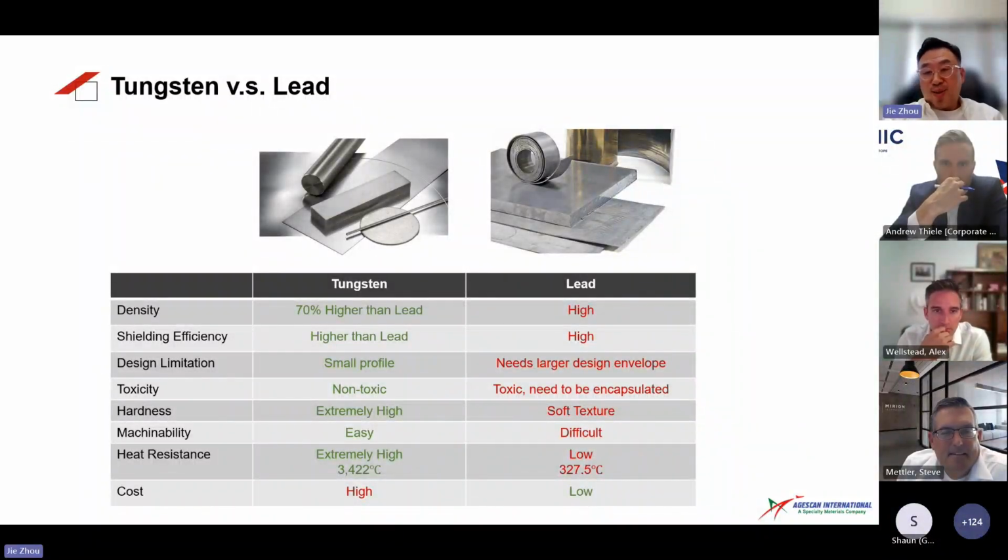Thirdly, tungsten generally has a smaller profile, whereas lead is usually larger and needs stainless steel to wrap. Next, tungsten is non-toxic, whereas lead is toxic. And in terms of hardness, lead is about 1.5 in Mohs value versus tungsten at 7.5. It's 5 times as hard.